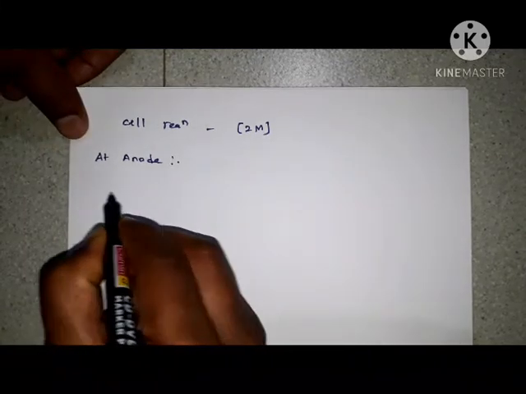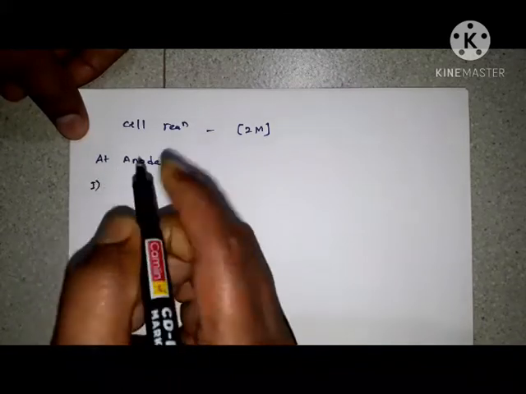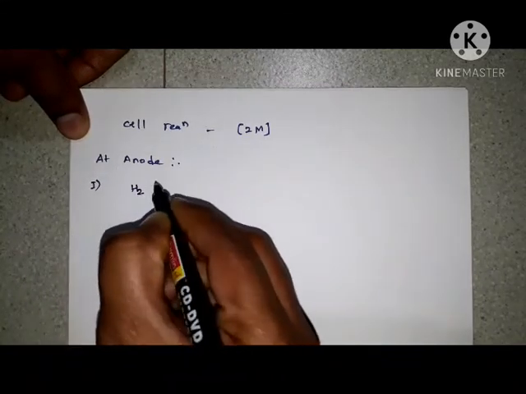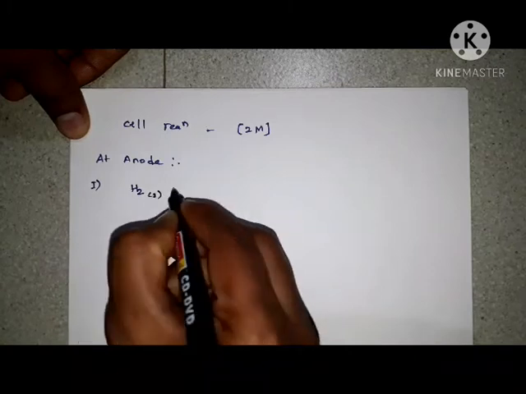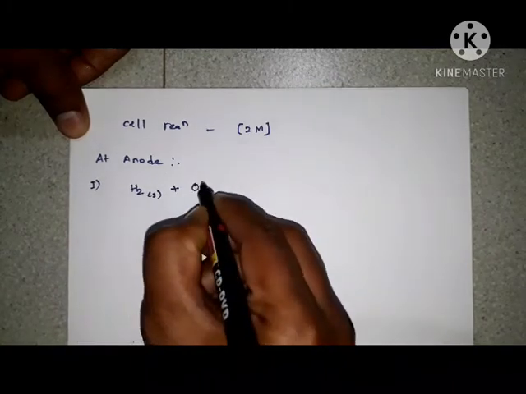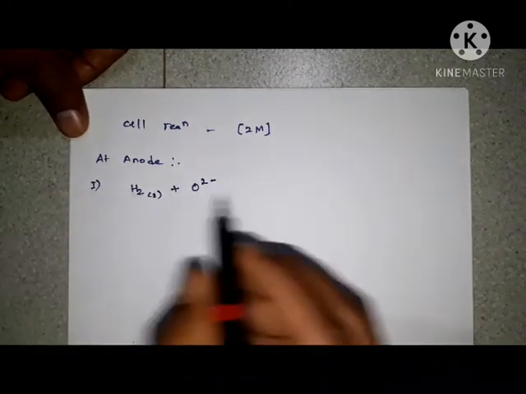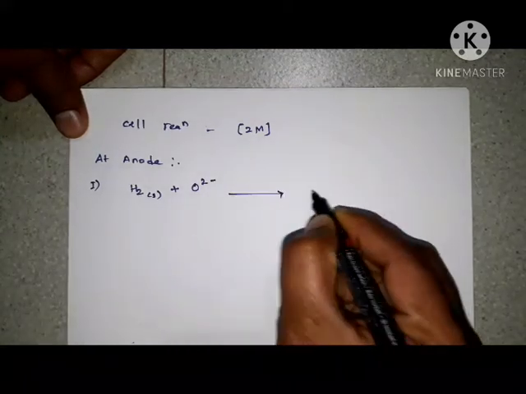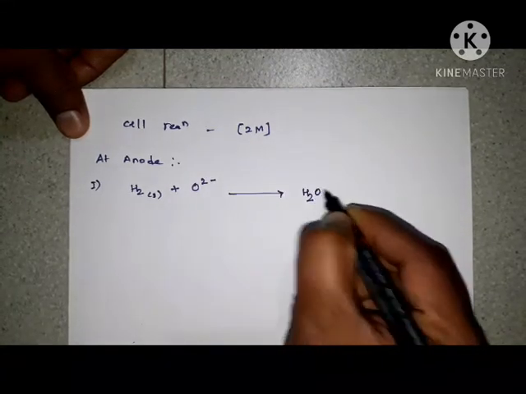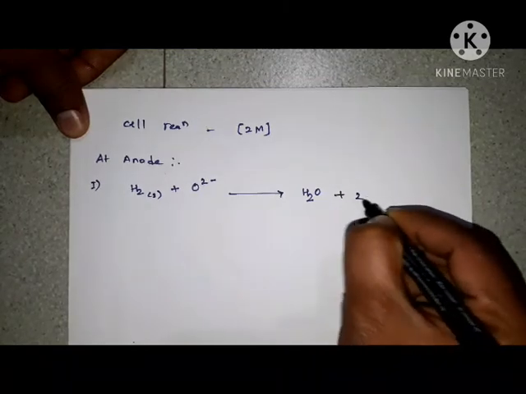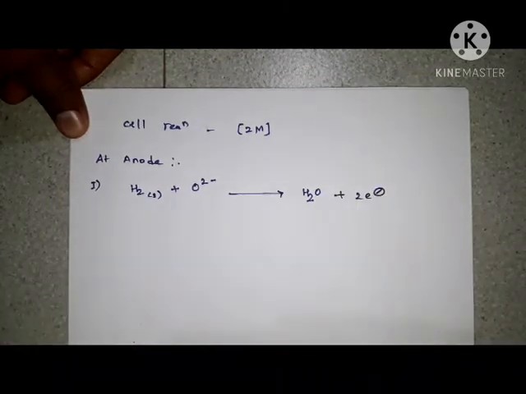The first half reaction is hydrogen gas reacts with oxide ion, and it gives H2O plus 2 electrons.